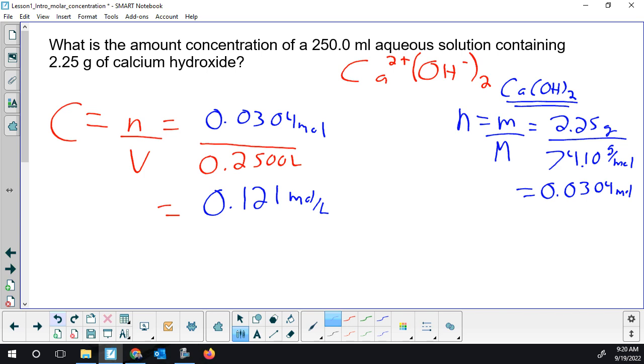Now, calcium hydroxide is a solution that you can't make up very concentrated. It's not very soluble in water. So you have a difficulty putting any great amount. You might have a struggle getting this amount of calcium hydroxide into water. You might have to heat it up to get it to dissolve and dissociate.